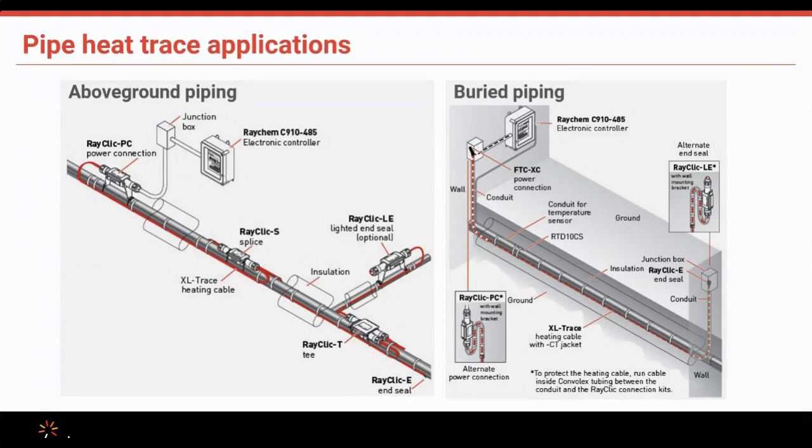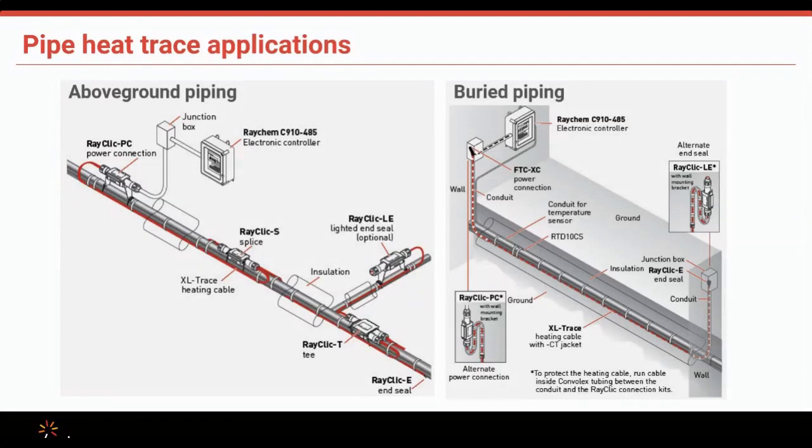In some cases, it might make more sense to go down a pipe system that's buried and come right back to the power connection location. And in some cases, as this diagram shows, it's okay to come out at the end with the end seal in a box that's above ground. So both are acceptable, but those are things that need to be recognized.